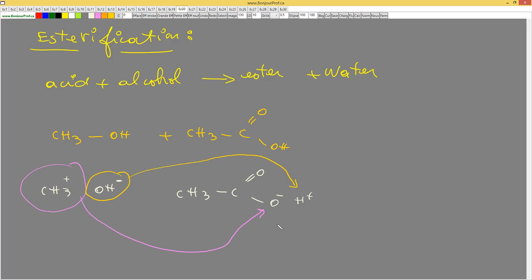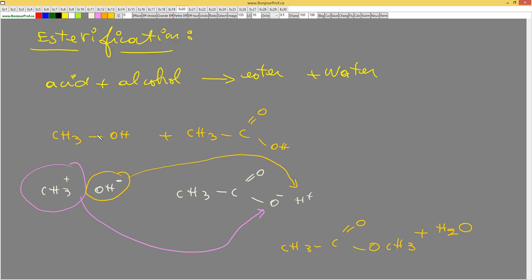So what I will get in the end, I'm going to write with another color: CH3CO, the O minus will be bound with CH3 plus, and the OH minus will be bound with H plus. It will be H2O. And this one is an ester. It is double displacement again.